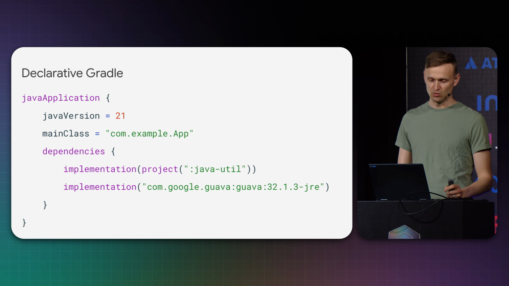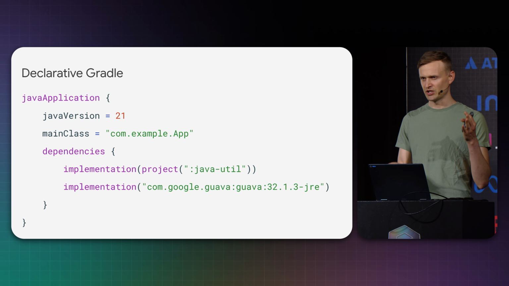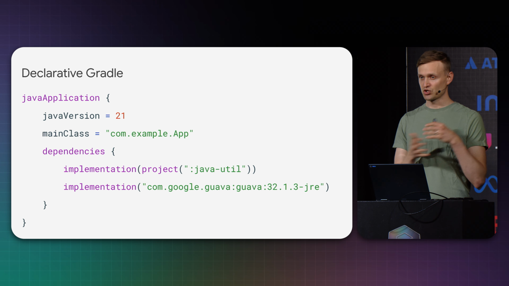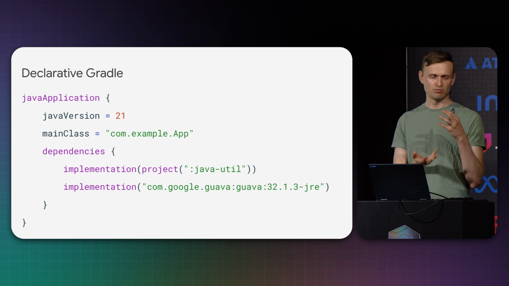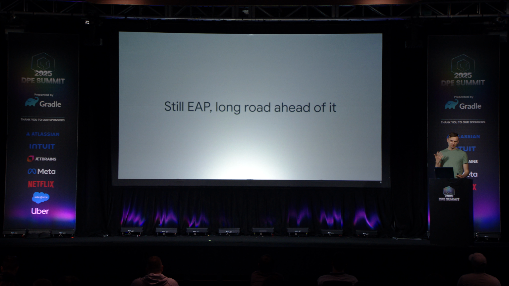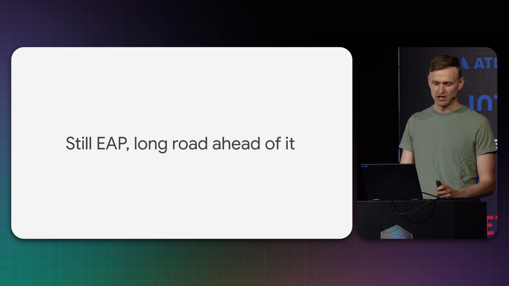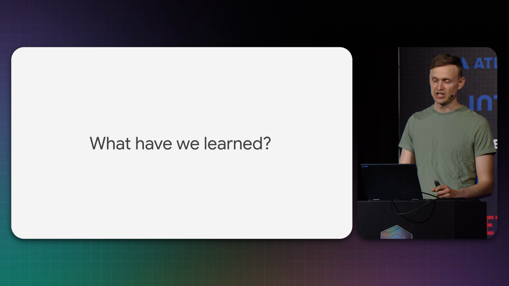And this is an example of their example for a Java project. But essentially, you can define your custom DSL, and users are only able to touch the values that you've exposed. The sad part is it's still in EAP. It's been in EAP for a year now, and I believe that there's still a fairly long road ahead before you can use it. So, take it what you will.